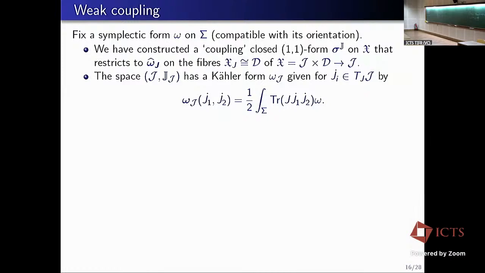So we have a coupling form on X that restricts to our given Kähler forms on the fibers. We have a canonical complex structure.